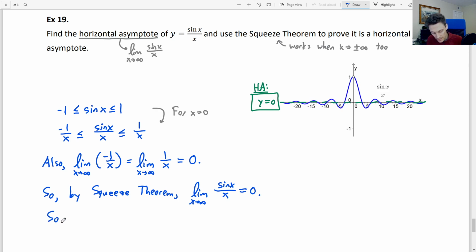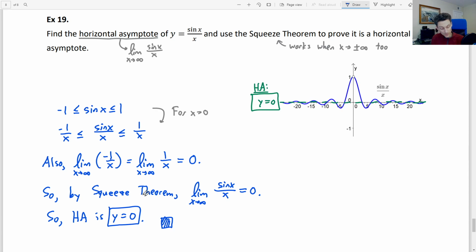And then you can say the horizontal asymptote is y equals 0. Here's our box at the end of our proof.